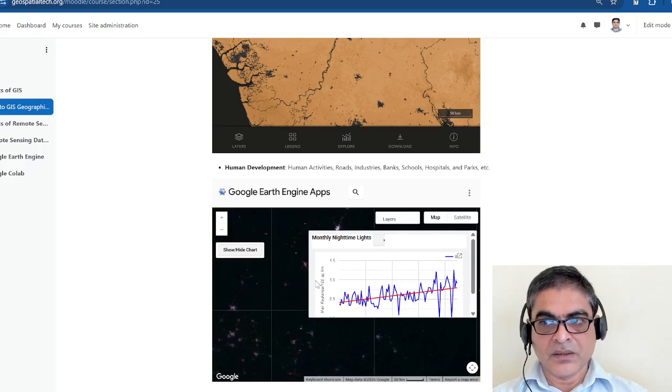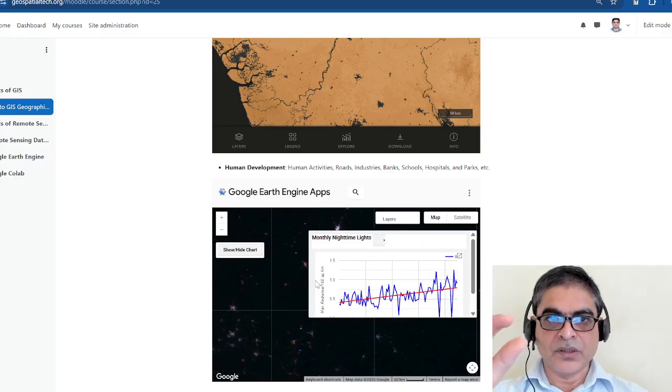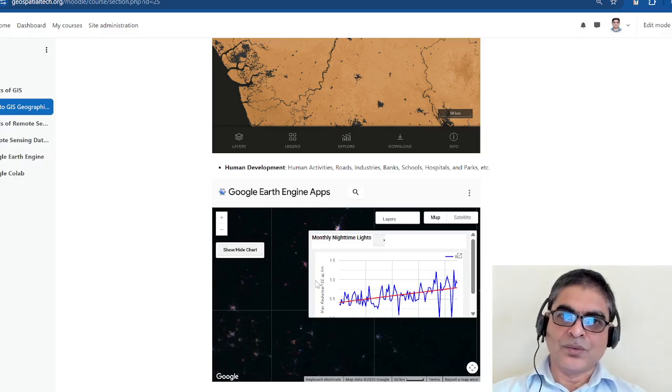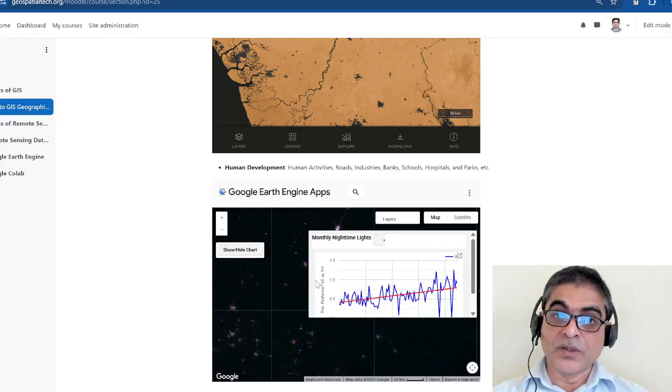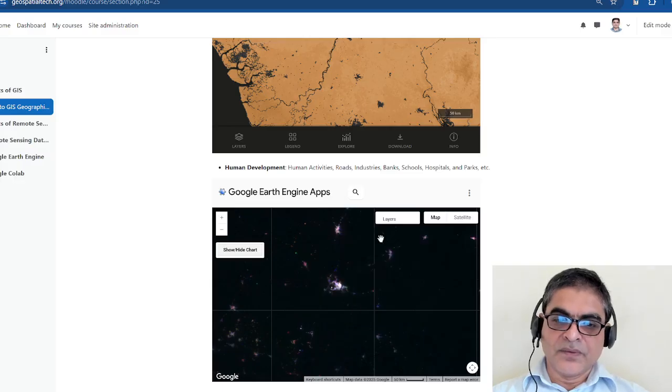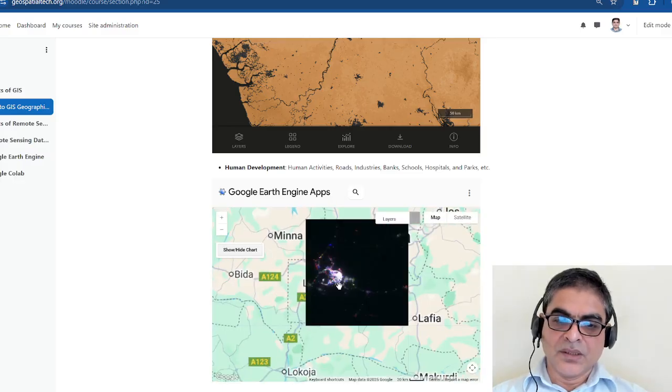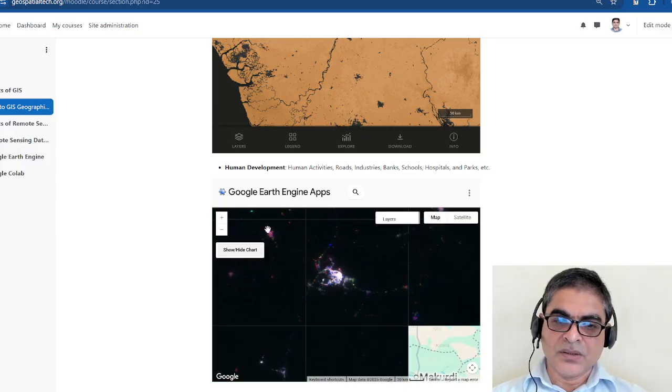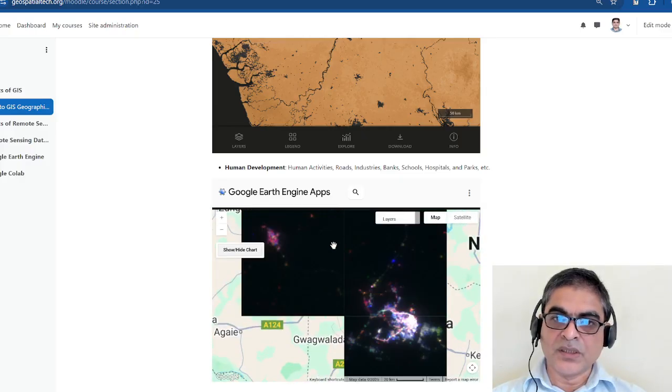I assigned the colors red, green, blue: red is assigned to 2014, green to 2018, and blue to the 2022 image. So wherever you see the red color, it means there was more light in 2014.